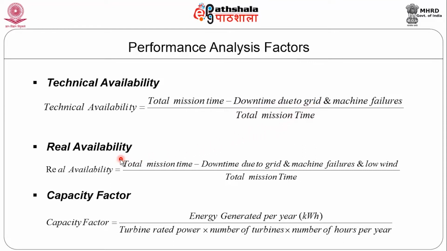And the real availability: the machine may be available, but if there is no proper wind velocity, it cannot generate power. That is real availability: total mission time minus downtime due to grid, machine and low wind, divided by total mission time.